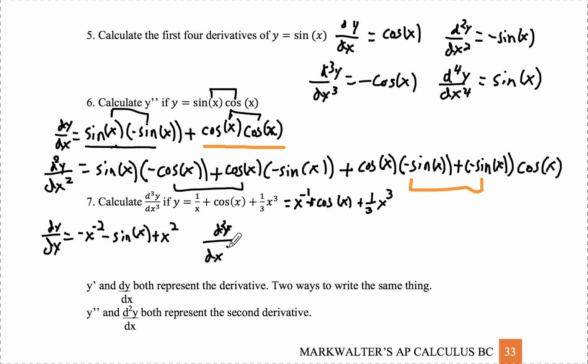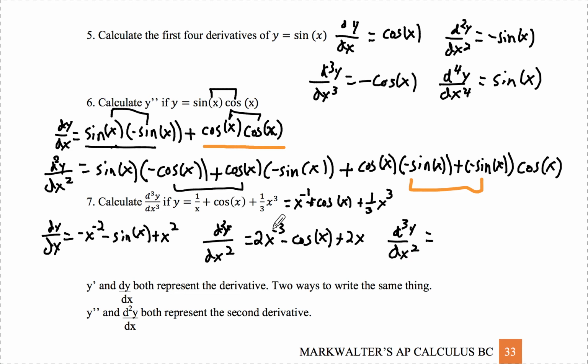My second derivative. Derivative of negative x to negative 2. I bring down the negative 2, multiply it by the negative that's in front. That's a negative 1, so it becomes positive 2x to the negative 3. Derivative of sine is negative cosine of x. Derivative of x squared is 2x. So then my third derivative.